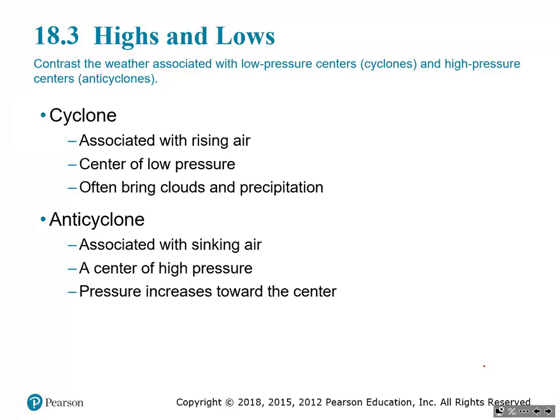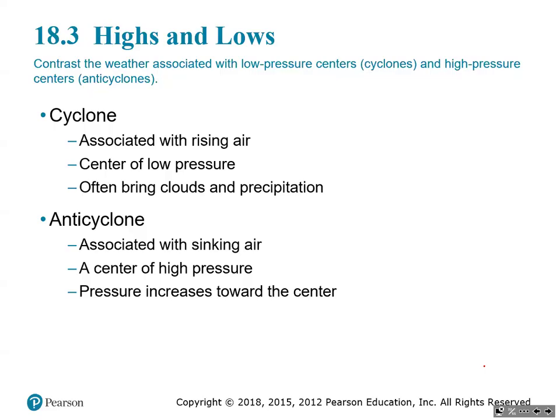Now, there are both high and low pressure areas, and the winds spiral around both high and low pressure areas. Cyclones are low pressure areas. They're low pressure at the surface. They're associated with rising air. So you have winds going in and air rising up.